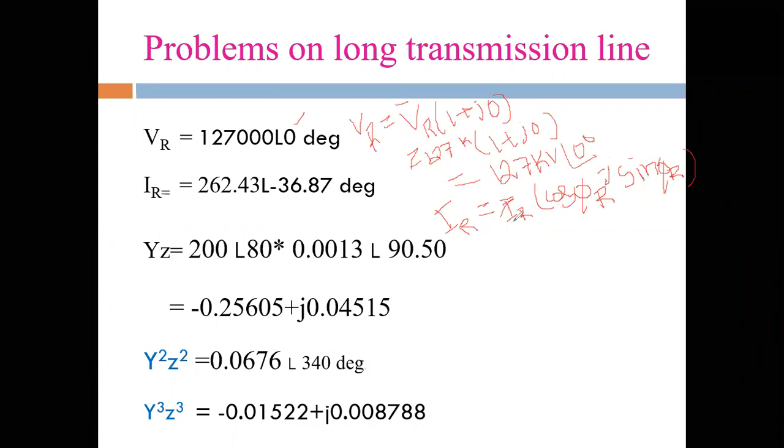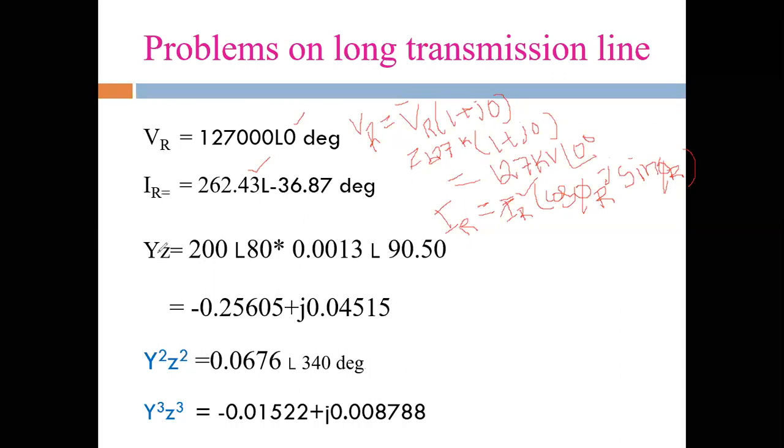After that it will be converted into angle form. Then we obtain IR is equal to 262.43 at an angle of minus 36.87 degrees.